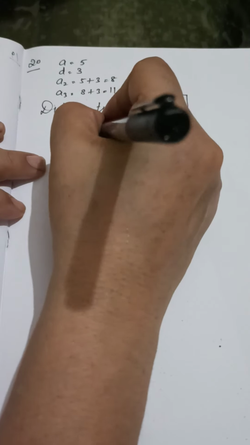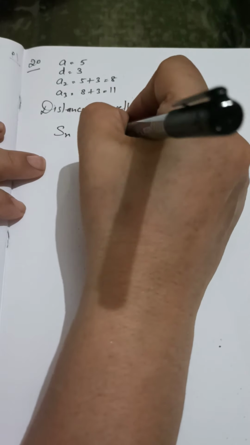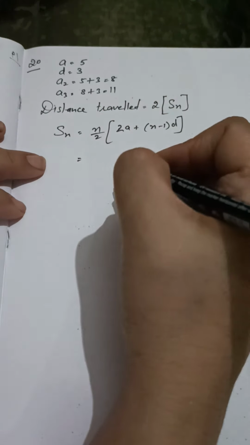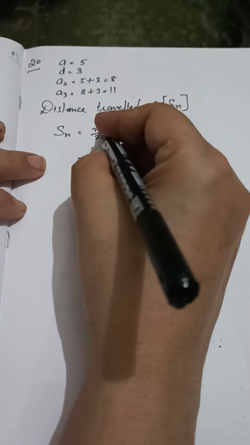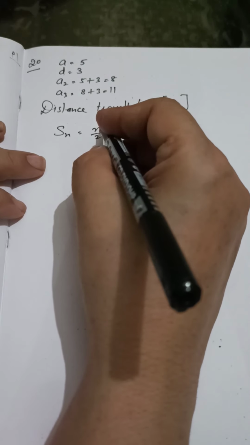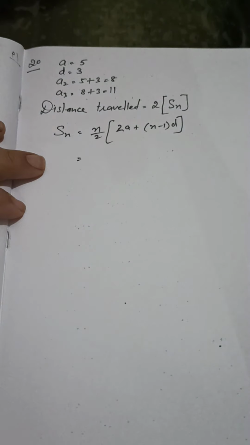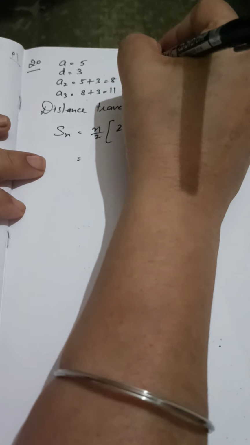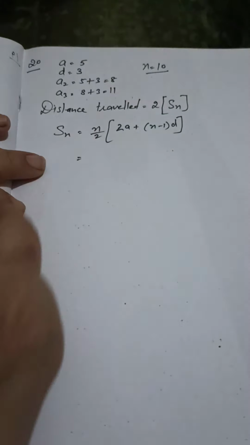Sn is equal to n upon 2, 2a plus n minus 1 into d. What is n? N is given to you. How many potatoes are here? 10 potatoes are here. That means n is equal to 10.